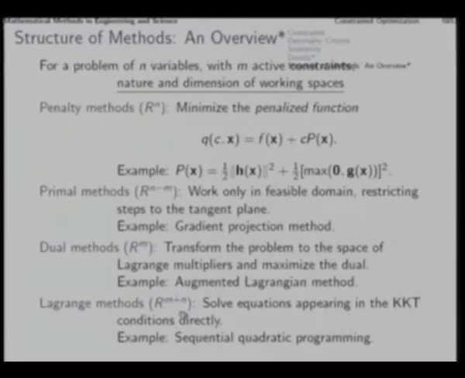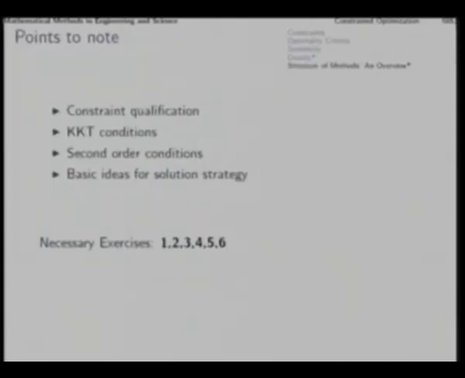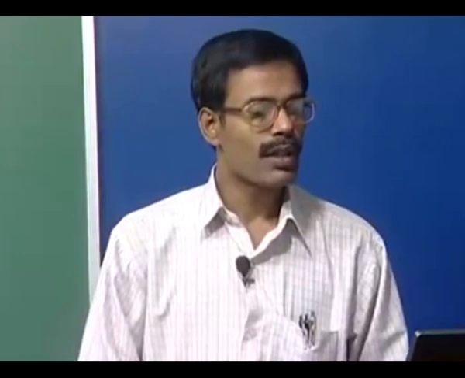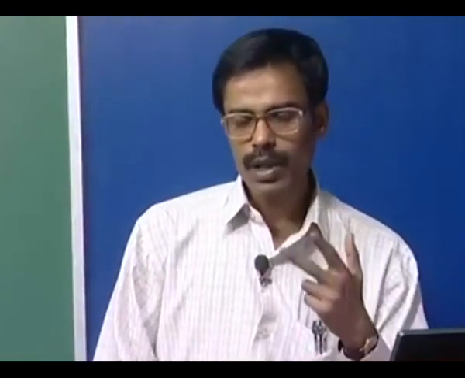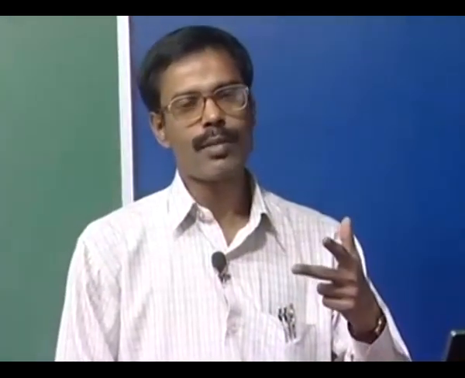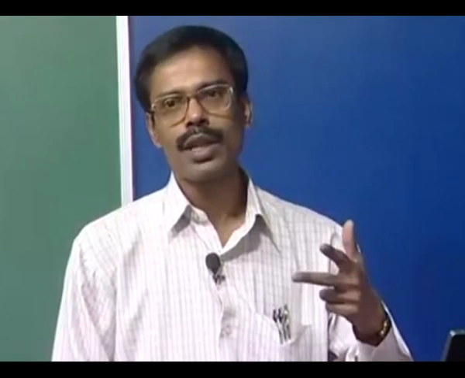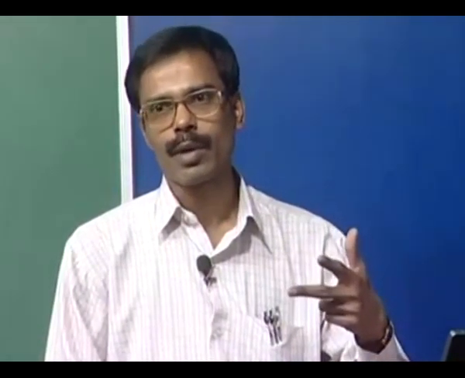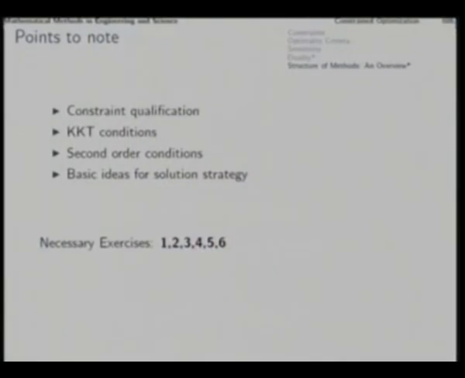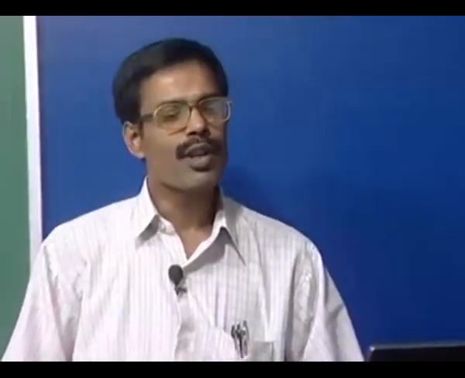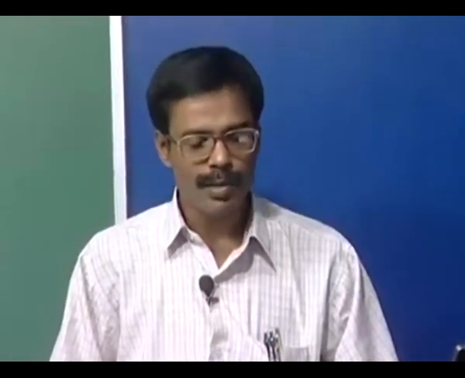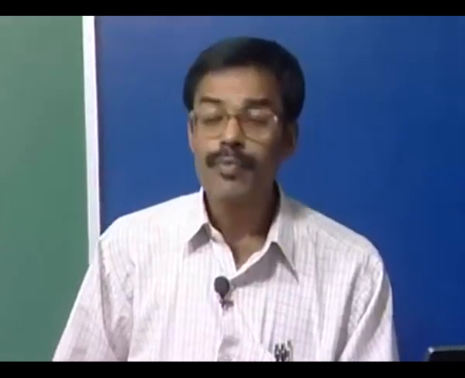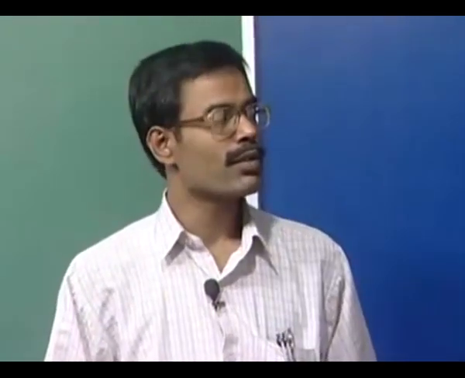Now, this much is on the general theory of constrained optimization, and in the rest of this lecture we will consider two particular types of nonlinear optimization problems: linear programming problems and quadratic programming problems, the LP problem and the QP problem. You must already be conversant with the linear programming problem and the famous simplex method to solve it.